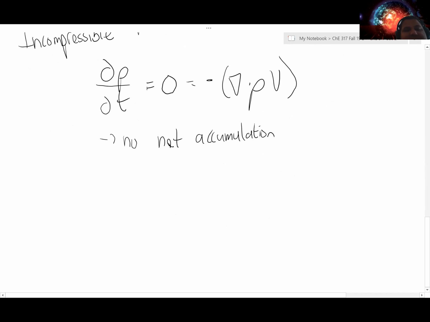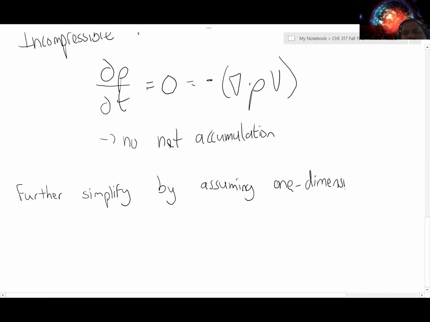Now, in more applied terms, what more often than not we assume is we can further simplify by assuming one-dimensional flow. Primarily because it's extremely rare when we're wanting to look at multi-dimensional flow.